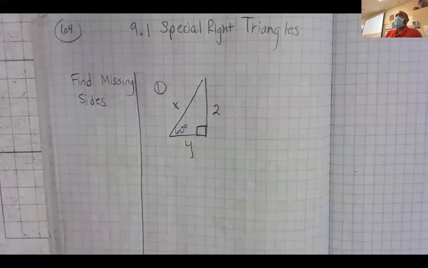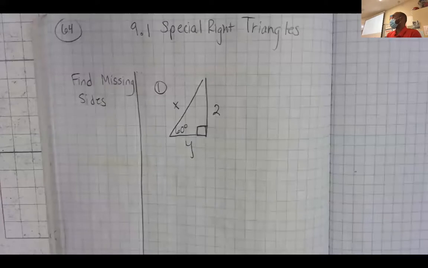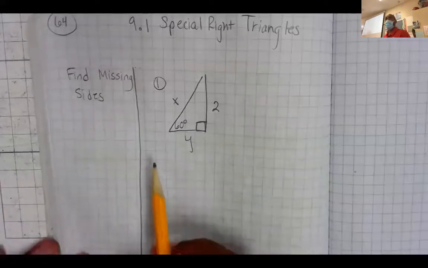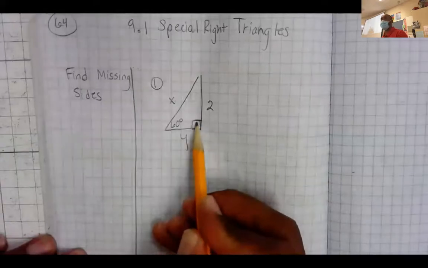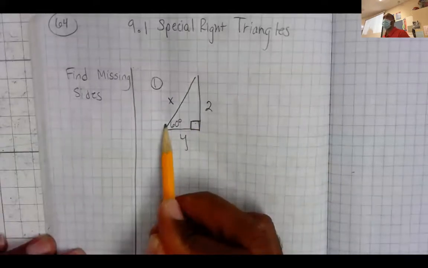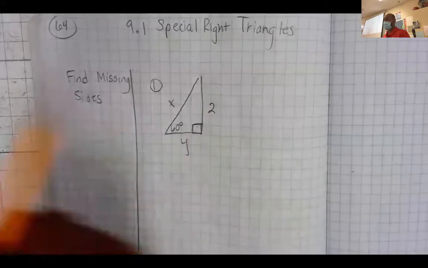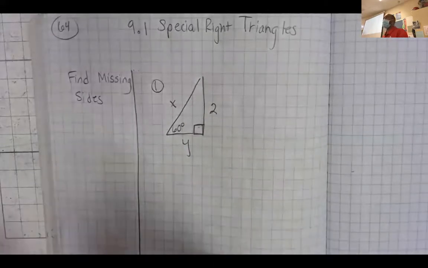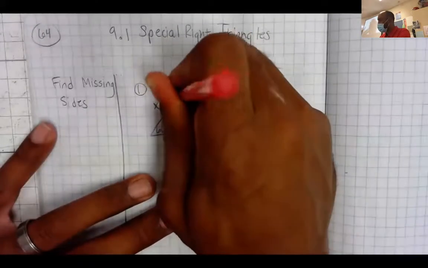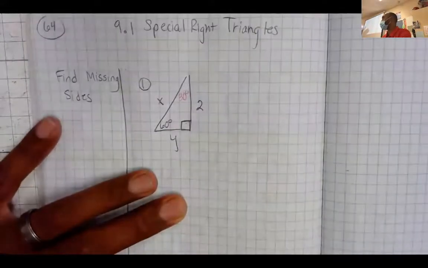Now, these are called special right triangles because they have a special relationship because of the size of the angles. When you have a triangle that has a 90-degree angle and a 60-degree angle, that third angle will be what? Yep, 30. So basically it's called a 30, 60, 90 triangle.